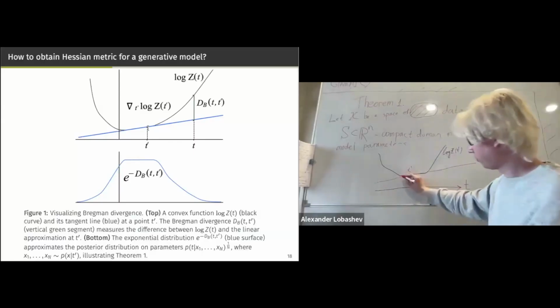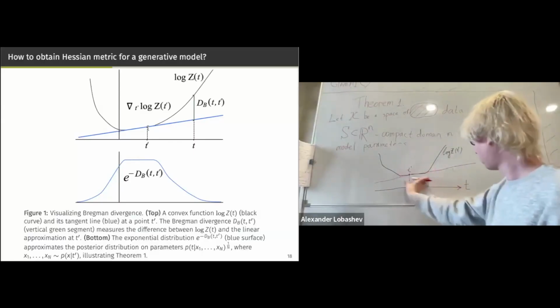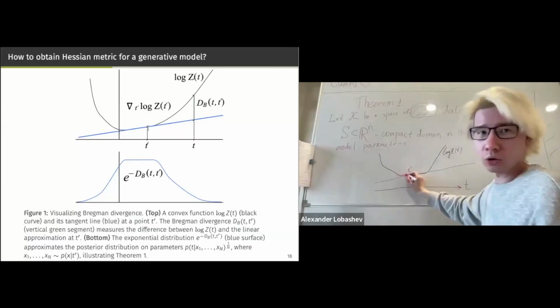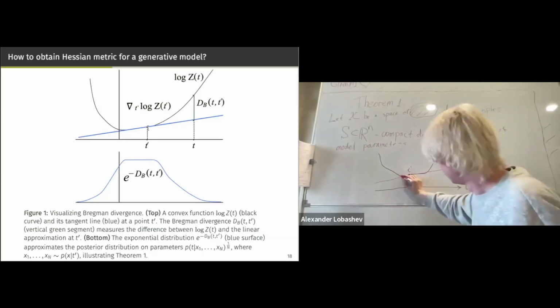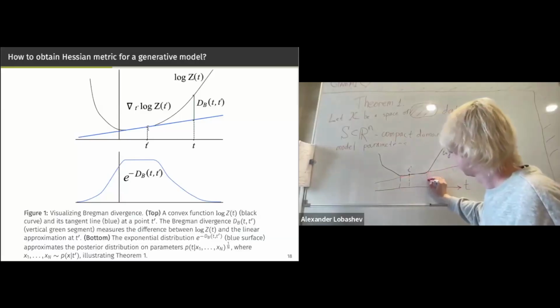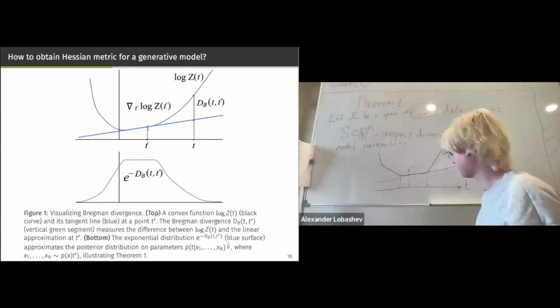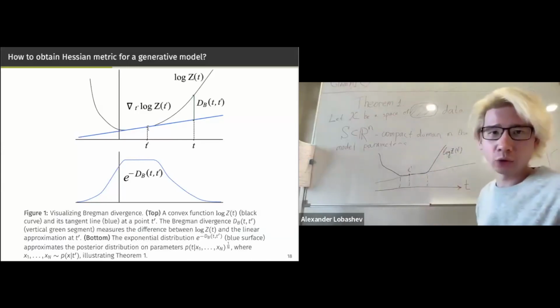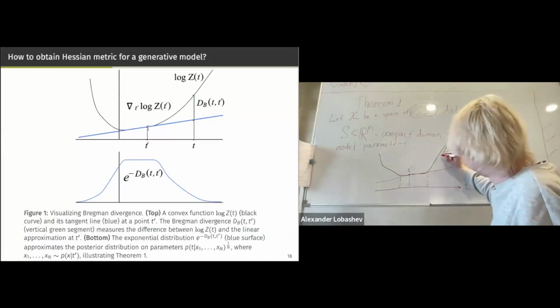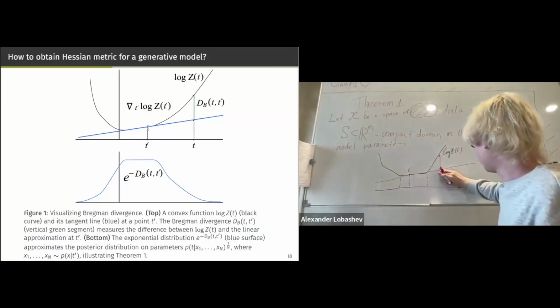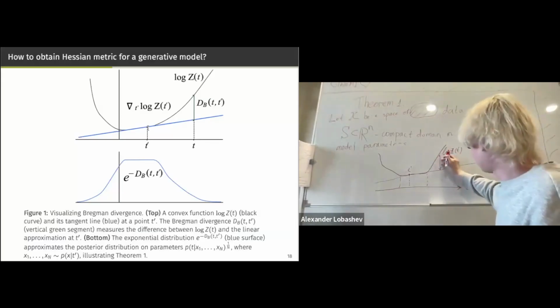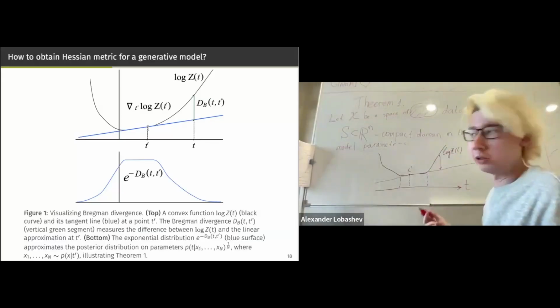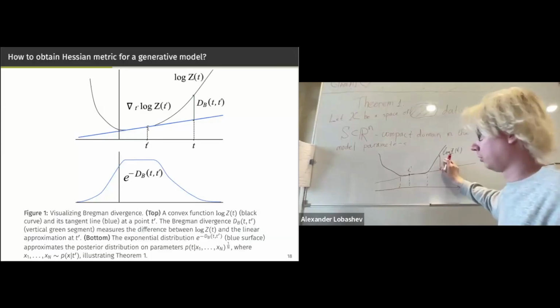We see that there is a region in the space of parameters in which the convex function is almost the same as its tangent line. So in this whole region, we will have almost zero Bregman divergence, because the difference between the tangent line and the convex function itself is the Bregman divergence, or for exponential family distributions, the same as Kullback-Leibler divergence.